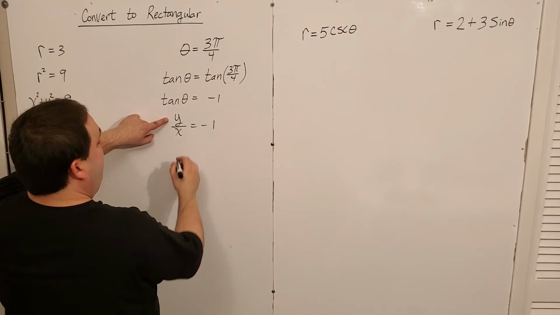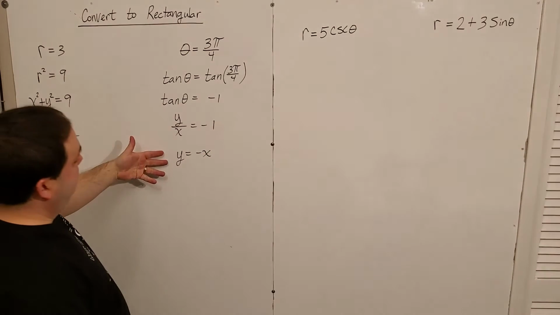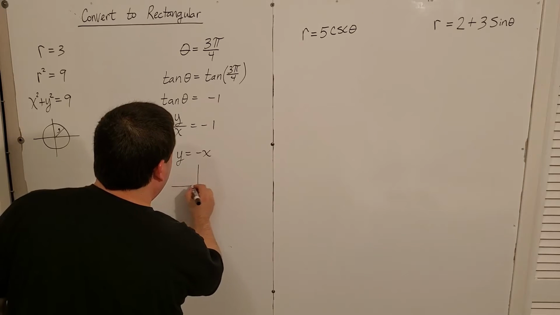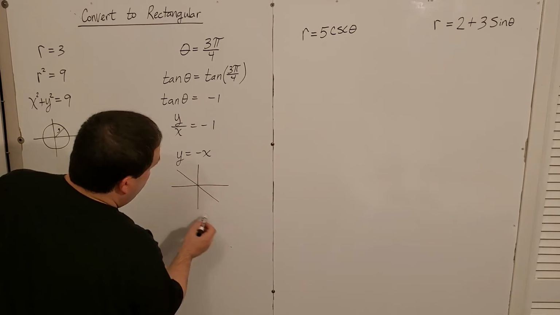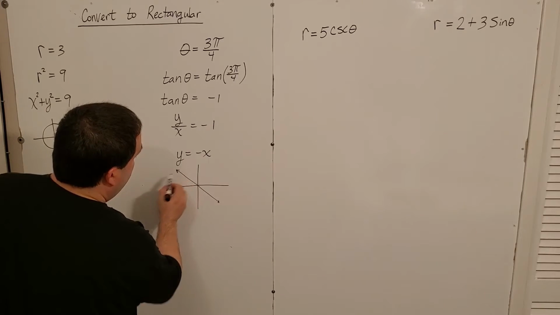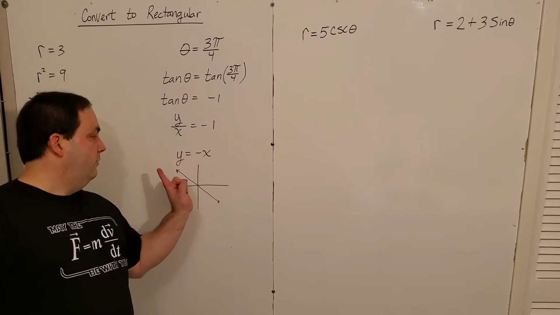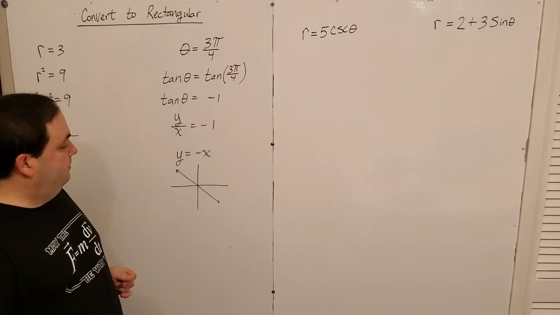Multiply both sides by x, and y equals -x. Notice that's the line that goes through the origin with a slope of -1, like this. So theta is 3 pi over 4, always, and r can be whatever it wants.